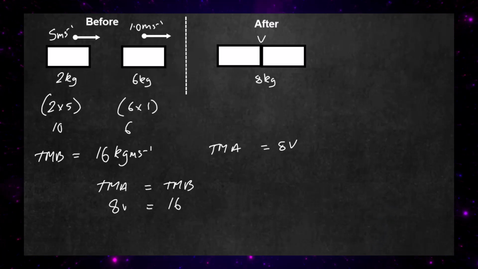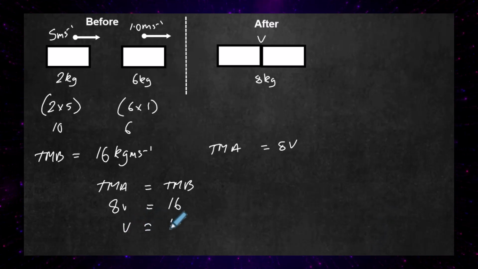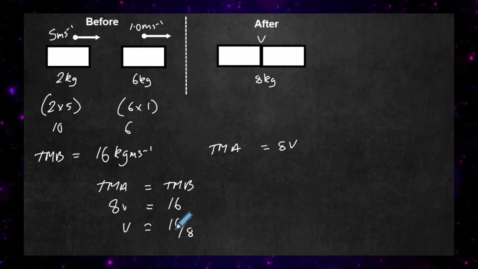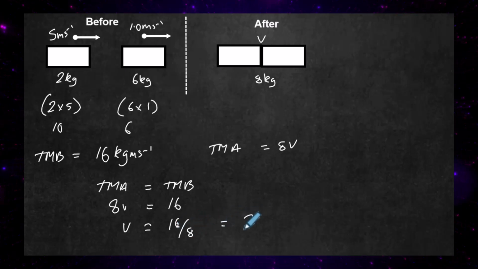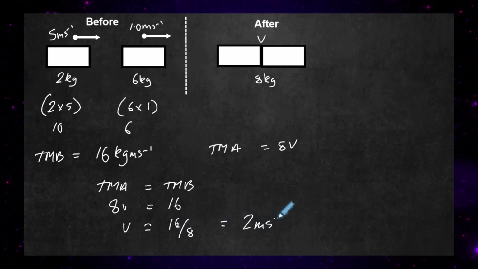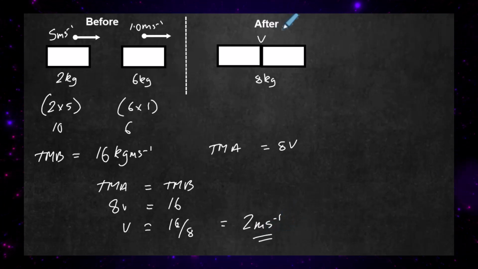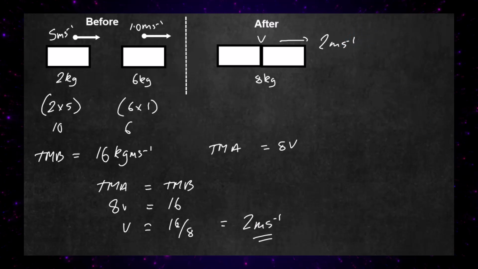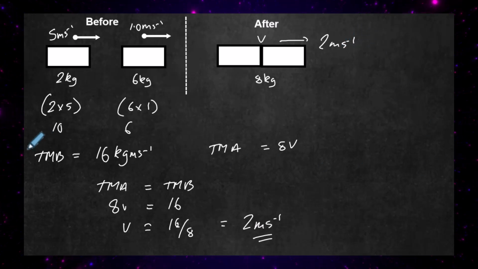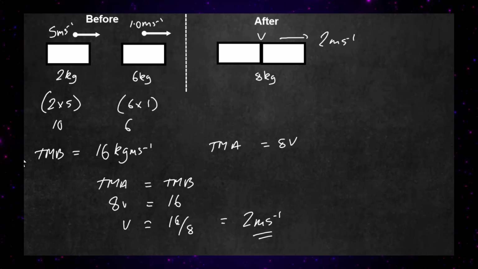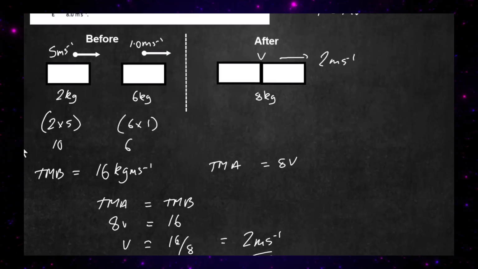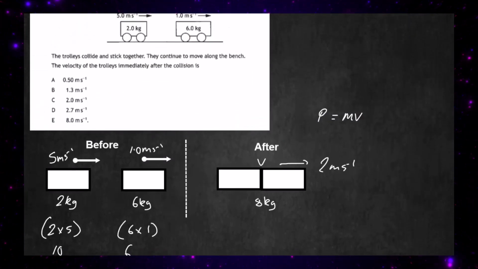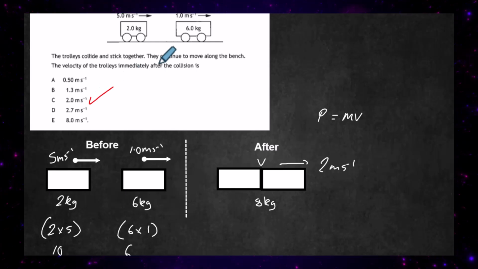So 8v equals 16 implies that v equals 16 divided by 8, and you're going to have v equal to 2 meters per second. That is going to be the velocity of this trolley. It's a positive number, so the trolley is going to move in that direction there. So the answer to this question is the trolley is going to move at 2 meters per second to the right, and that's going to give you this answer here. It's going to be C.